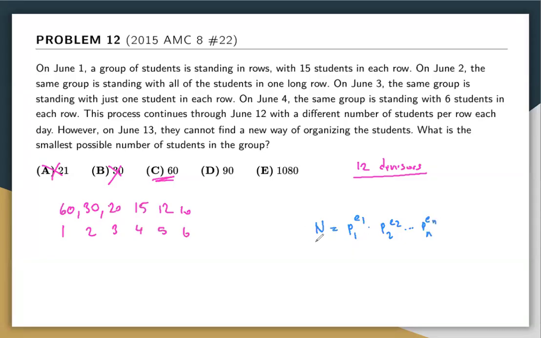So n is a number, and this is its prime factorization; p1, p2 are all prime numbers, and e1, e2 all the way to en are the exponents. So the number of positive divisors is going to be e1 plus 1, you add 1 to each exponent, e2 plus 1, and multiply all these numbers, all the way to en plus 1.